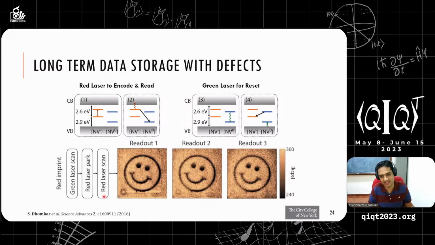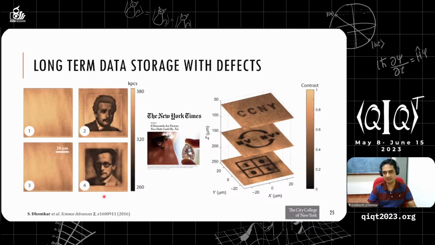So we thought, why not use this as a DVD made out of diamond. Sounds insane, but hear me out. There is a reason why you can actually use this. The first reason is that you can store information not only in 0 and 1, but also in grayscale, because at each pixel you have thousands of NV centers, right?